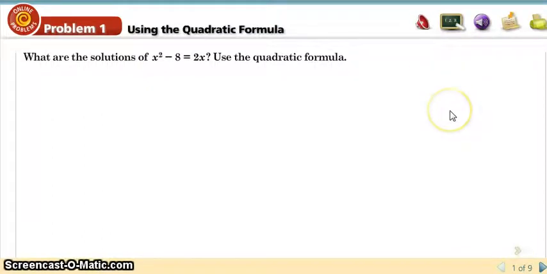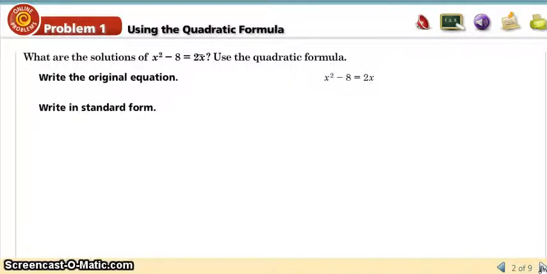So let's look at this first example. We want to find the solutions to this quadratic equation using the quadratic formula. First, write the original equation. Then write the equation in standard form.